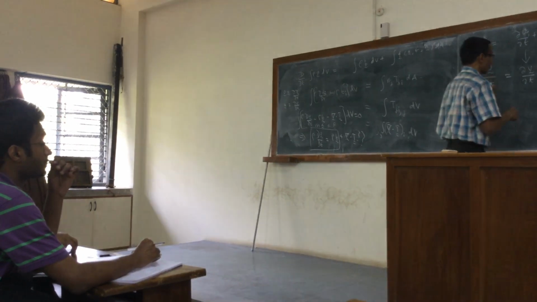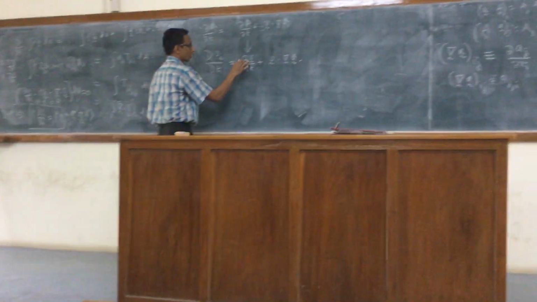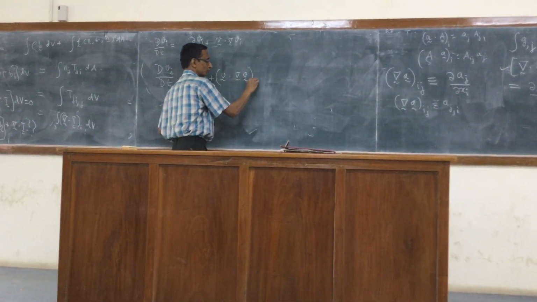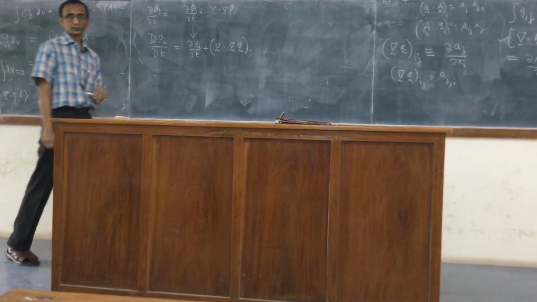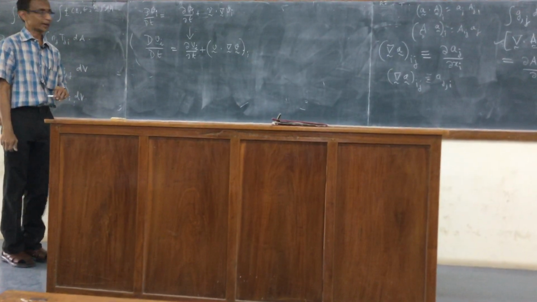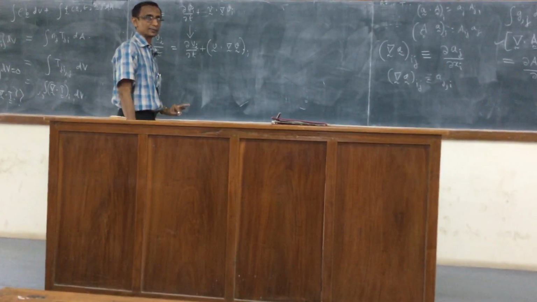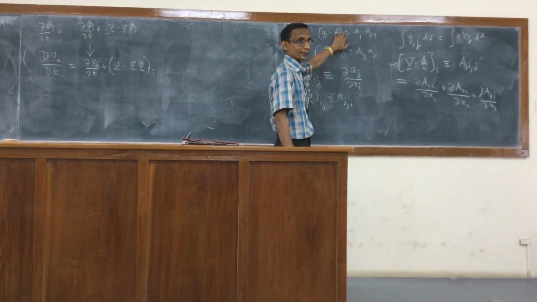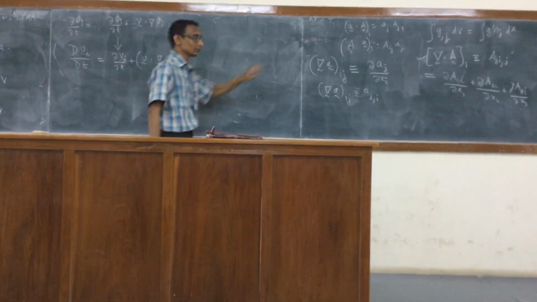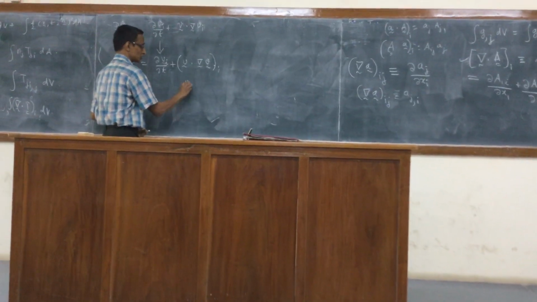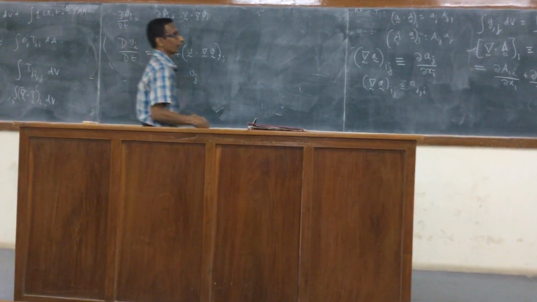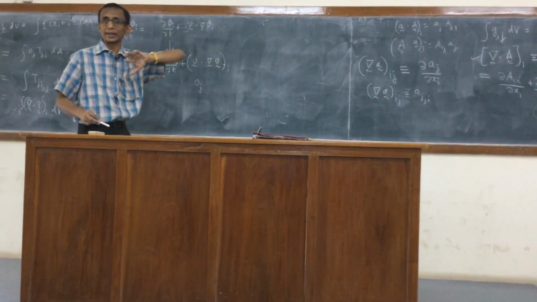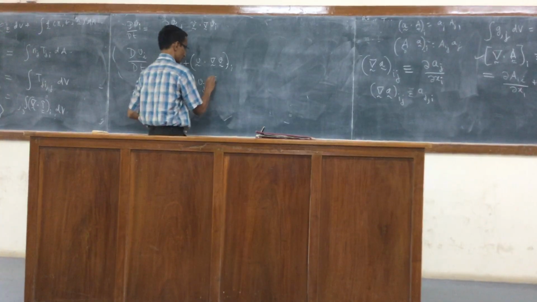So if I were to write the i-th component again, what is the i-th component of this? I'll go back to this formula. The i-th component of a vector dotted with a tensor is Bj, capital Aj, that means the j-th component of the tensor.